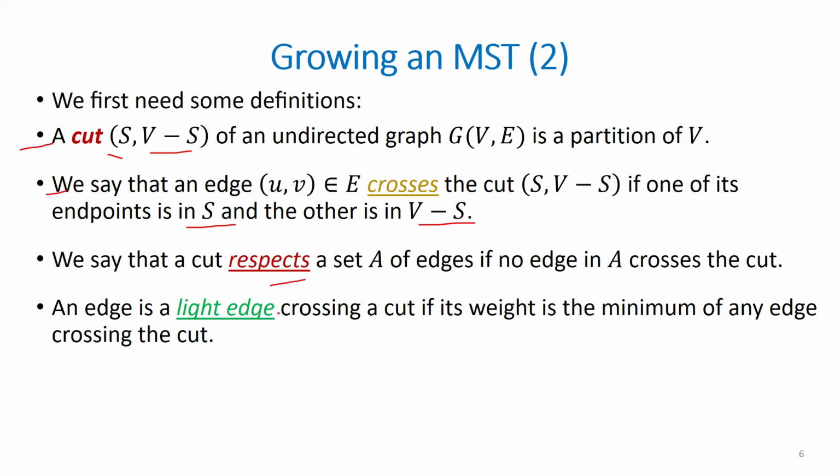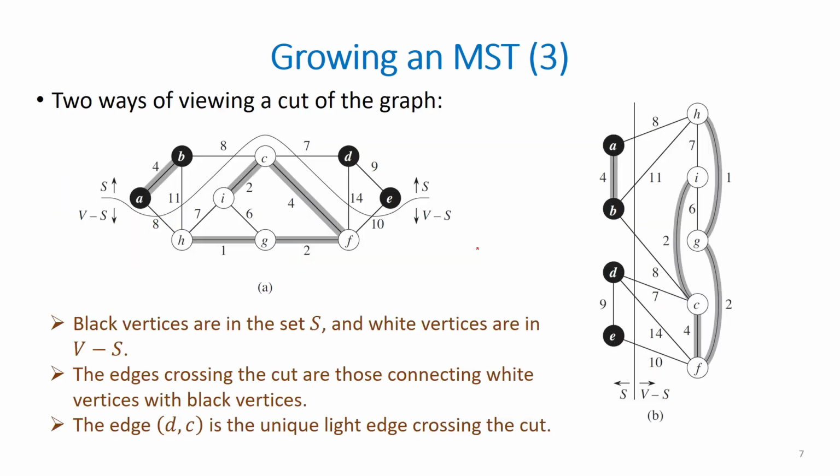And finally, a light edge is an edge crossing a cut such that it has the minimum weight among all other edges that cross the same cut.